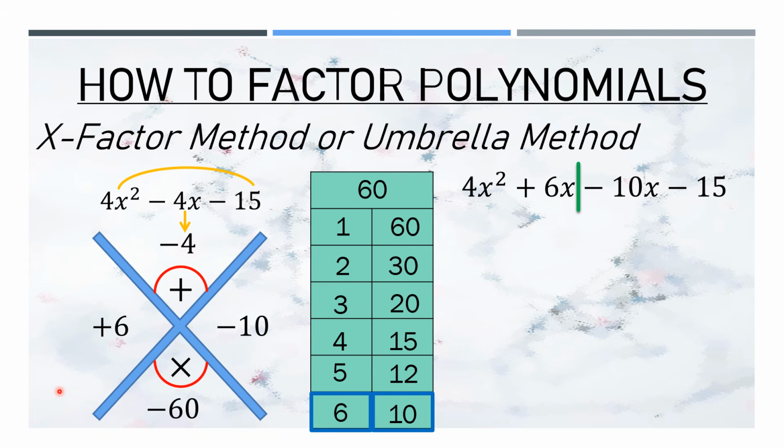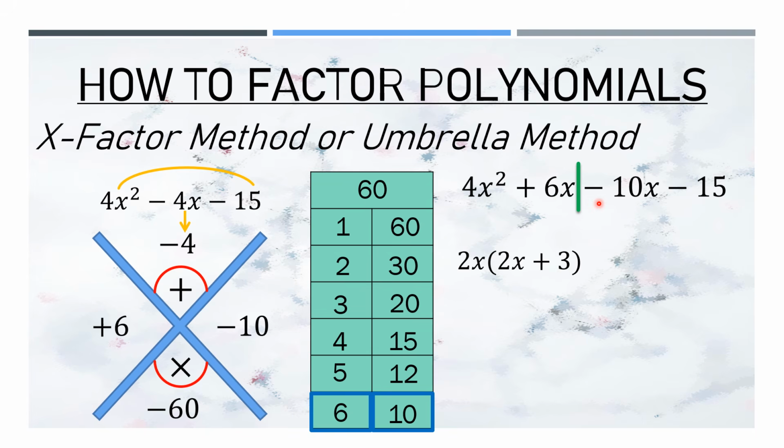Let us now divide or hatiin na natin sa dalawa ang nakuha nating solution. So, ano yung factors ng 4x squared plus 6x? So, the answer is 2x times the quantity of 2x plus 3. So, 2x times 2x is 4x squared. 2x times 3 is equal to positive 6x.